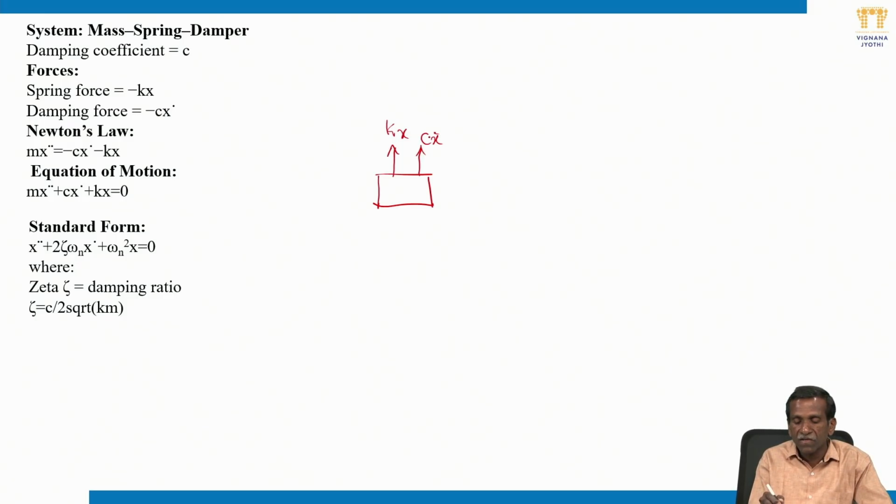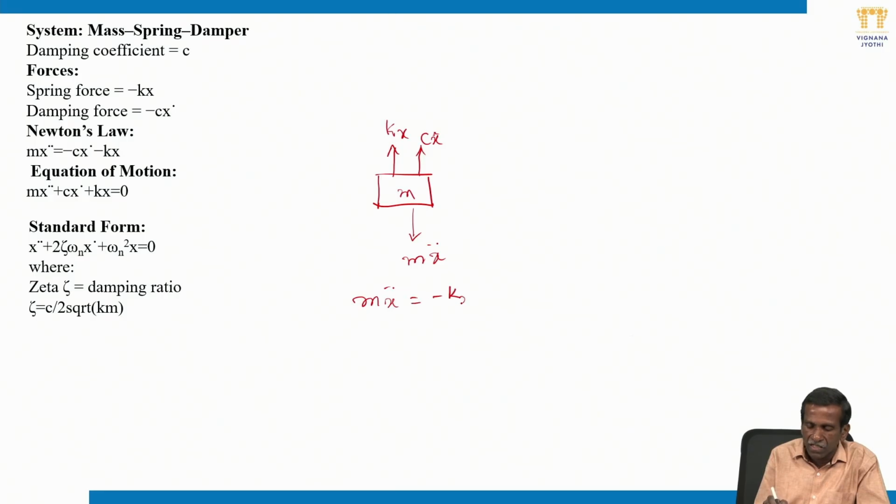Damping coefficient is defined as force per unit velocity. That's why c x dot, because x is the displacement. The corresponding force here is mx double dot, you know that acceleration force. This is the equilibrium of the mass. So we can write mx double dot equal to minus kx minus c x dot.